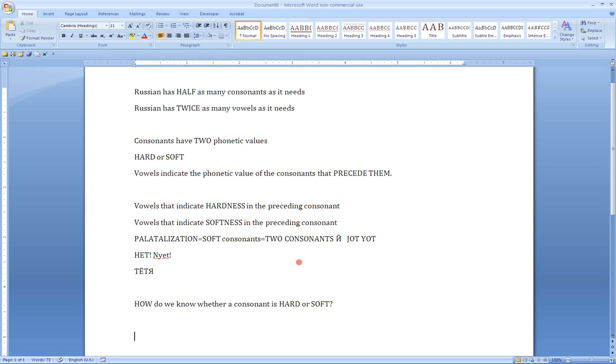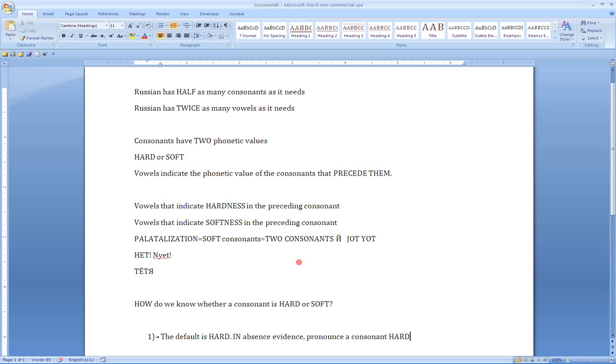And the first rule that I'm going to teach you, and it's a very important rule, is that the default is hard. What the heck does that mean? That means in the absence of all other information, in the absence of evidence, pronounce a consonant hard.